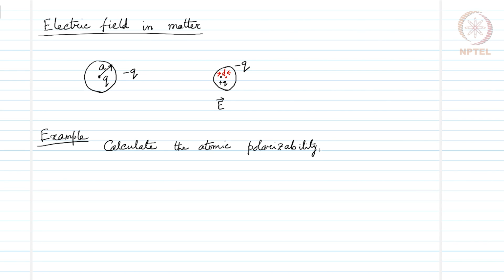How do we do that? At equilibrium, we consider that when we apply the electric field, this nucleus moves a distance d from the origin.